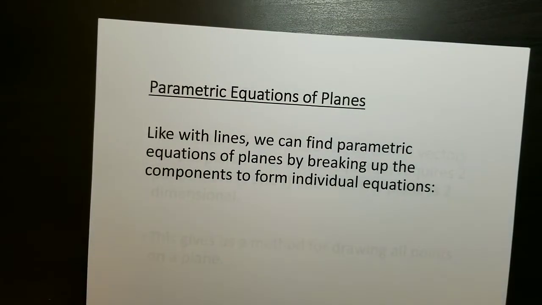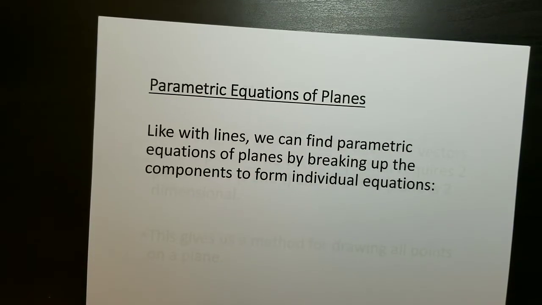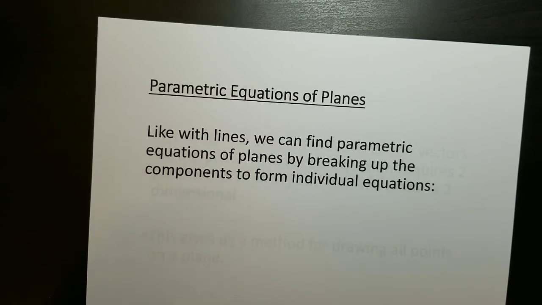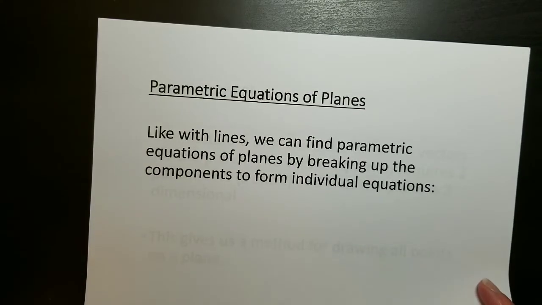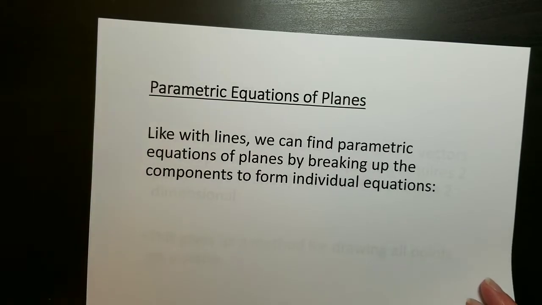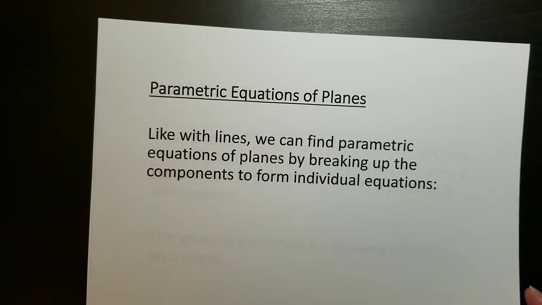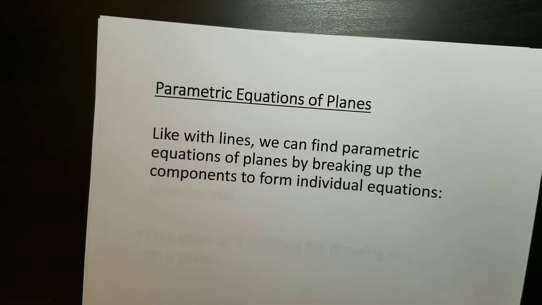Again, we're going to be able to break these apart into the parametric form just by pulling apart the individual equations and having an X equals, Y equals, and Z equals. I don't memorize where each piece goes in terms of A1, A2, A3. I just look at the vector equation and take all the X pieces out and make one equation. Take all the Y pieces and make another equation like that.